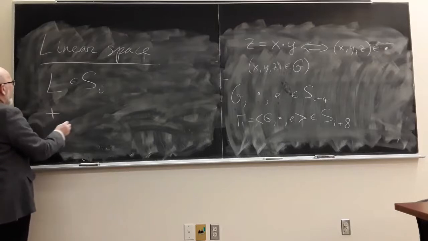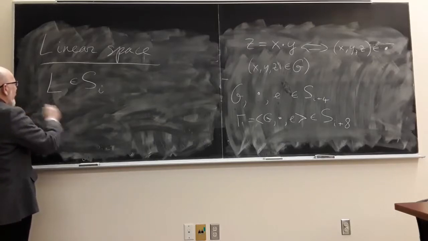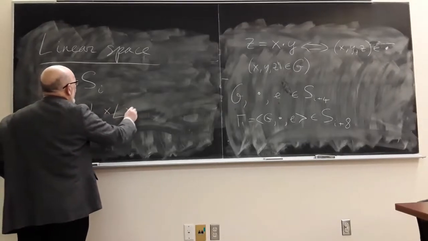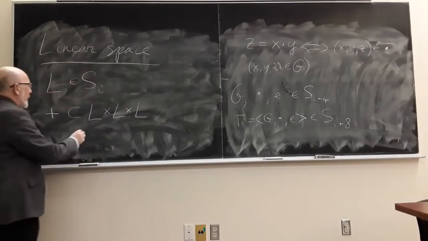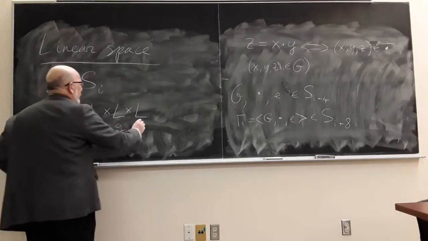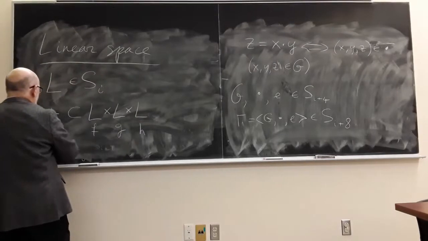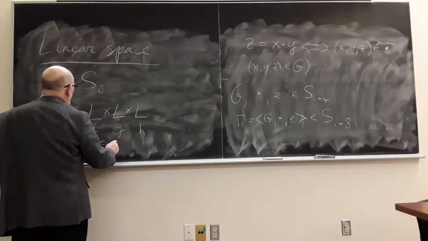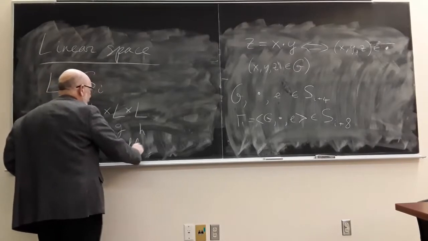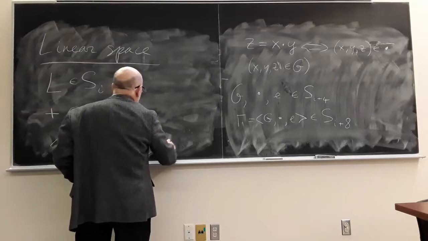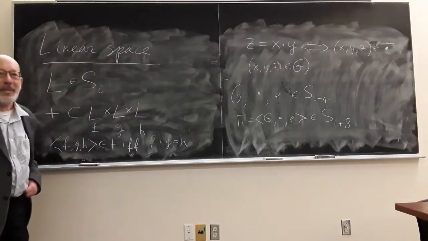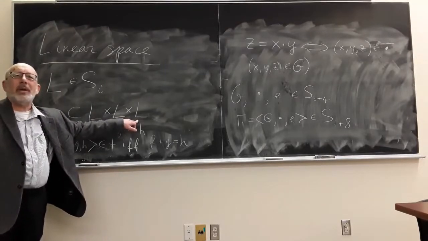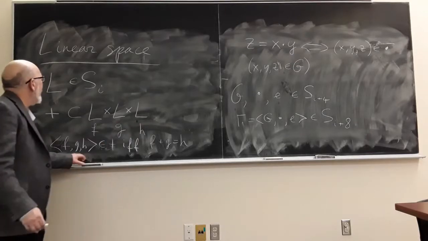So we have operation plus, which is a subset of L times L times L. Here we have F, here G, here H, and F, G, H belong to plus if F plus G equals H. So correspondingly, we climb by four floors up here.